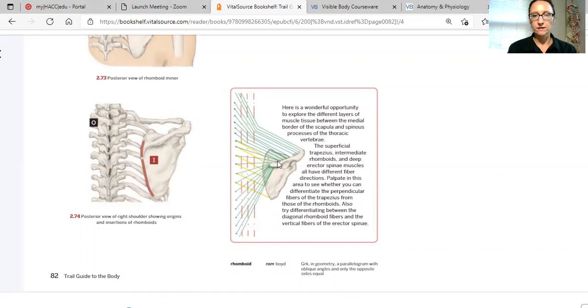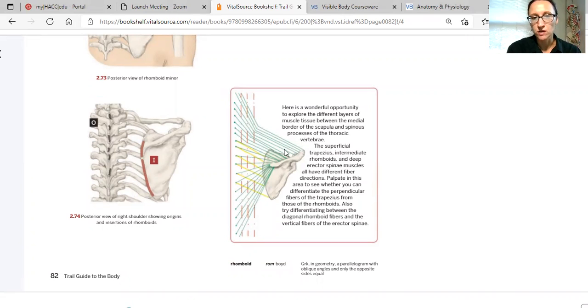This particular drawing at the bottom of page 82 is a parallelogram, but it's talking about all of the different forces of pull on the scapula itself. I think this is helpful for students to see exactly how all of these different muscles pull on the scapula from different angles.